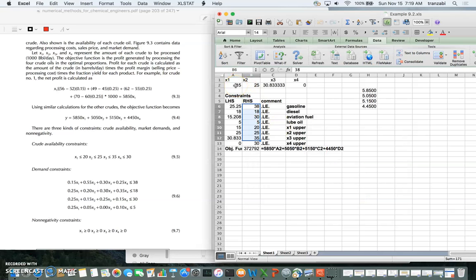It should be 15,000 barrels of product 1, 25,000 barrels of product 2, 30.8 thousand barrels of product 3, and then 0 product 4, which is interesting. That's weird, but let me just check.